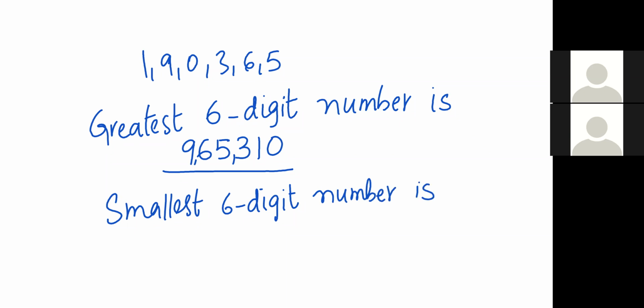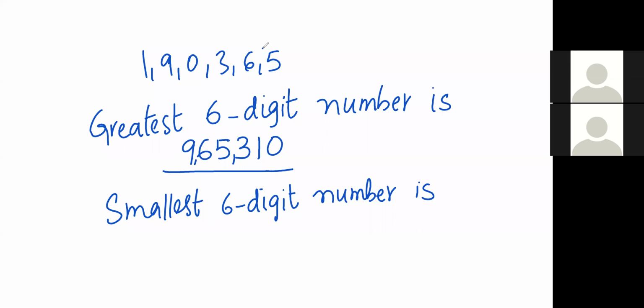But remember children, while creating smallest 6-digit number, here one thing you have to remember, as according to the ascending order or descending order, you will be going. If you have to create a smallest 6-digit number, you will be following the ascending order, right? Smaller to bigger. If you choose those digits again, you find 0 as the smallest digit.